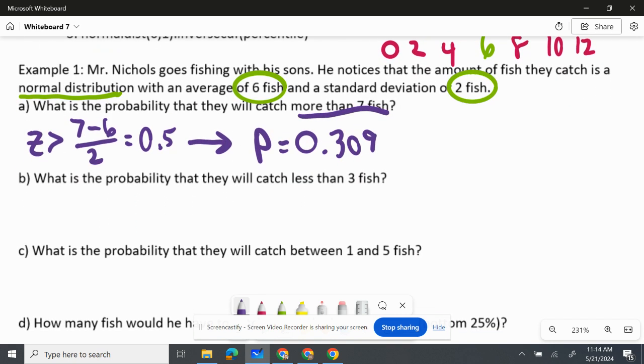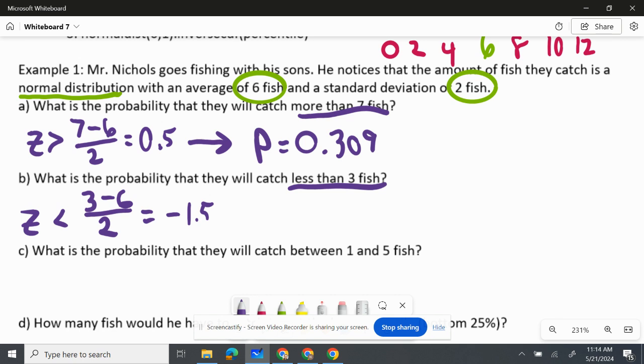Now, what's the probability that they catch less than 3 fish? So this time, z is less than 3 minus 6 over 2. And that right there gives us negative 1.5.